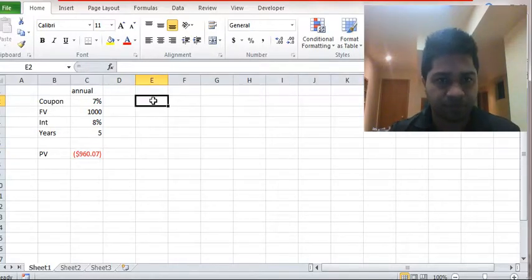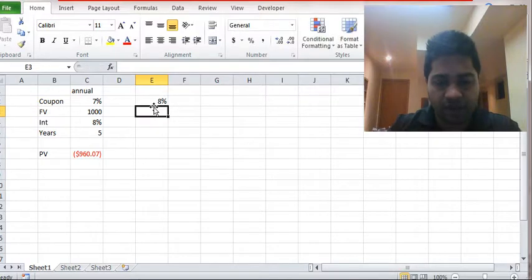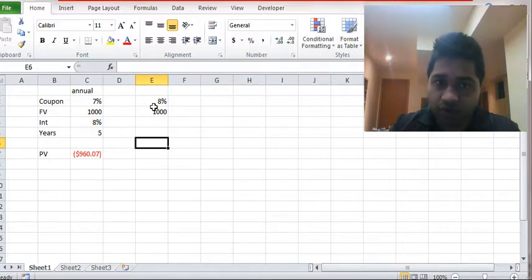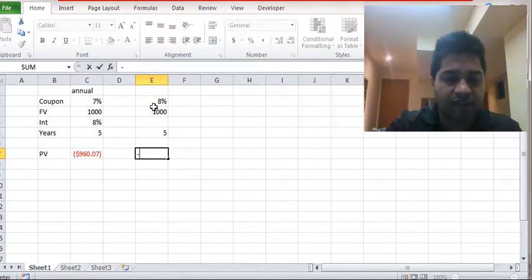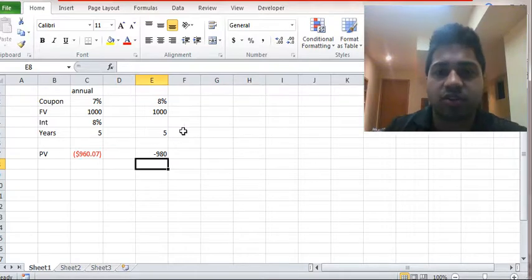For example, I am buying an annual bond that has an 8% coupon and a face value of 1,000. The bond maturity is 5 years and I am buying this bond for $980. So I'm paying $980 for this bond.